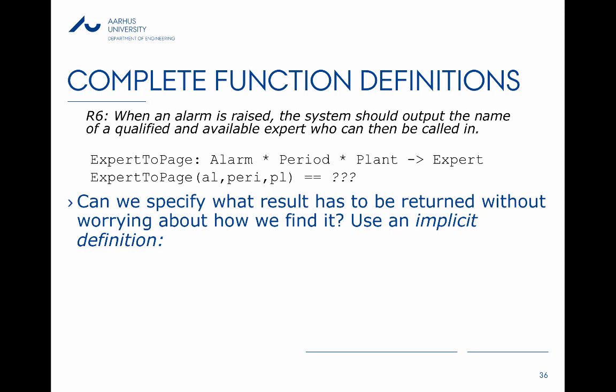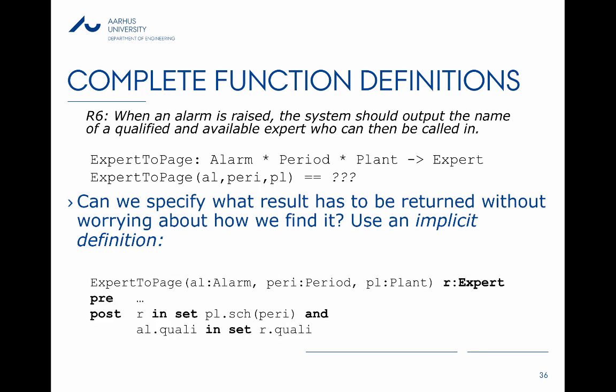Well, we can specify what results should be returned without worrying about how to find it. We could use an implicit style definition. So we could say the property we are interested in is that the result, now here I use R to be able to refer to the result, should be in the set of the periods.